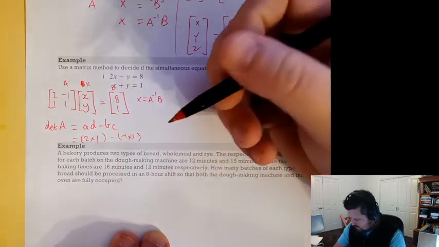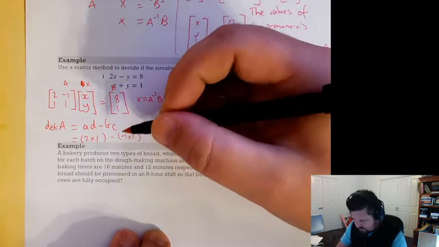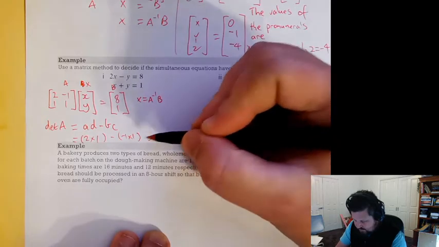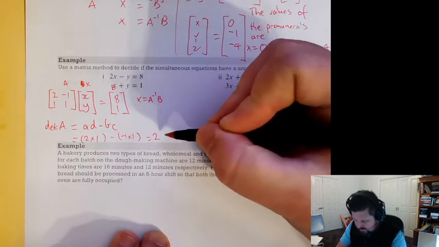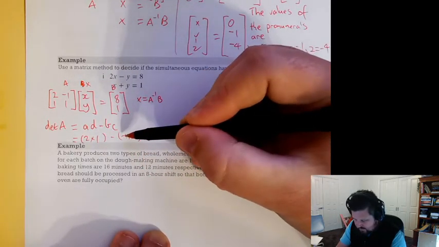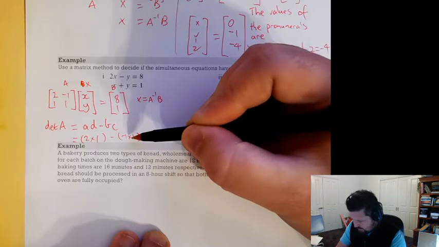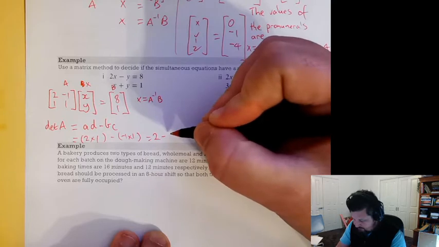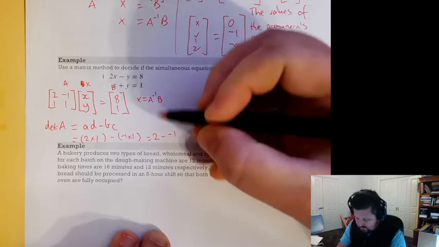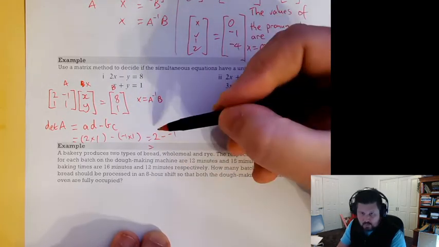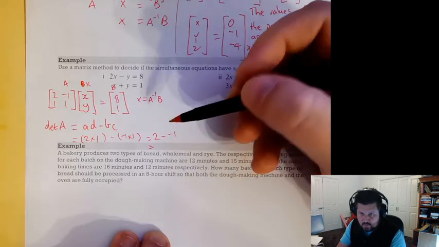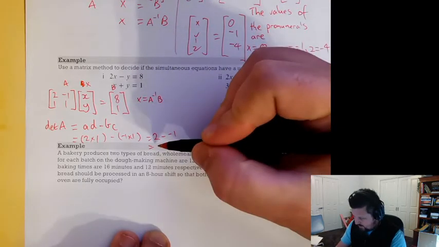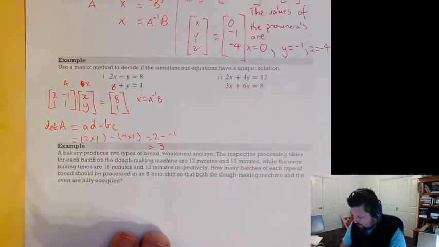In this case, it simplifies down to 2 times 1, which is 2, take away -1 times 1. -1 times 1 is -1. 2 take away -1 is the same as 2 plus 1. So it's +3 that we are looking at there.